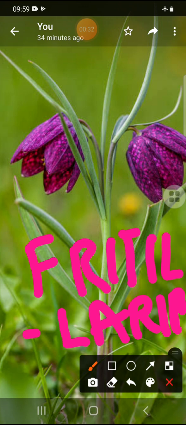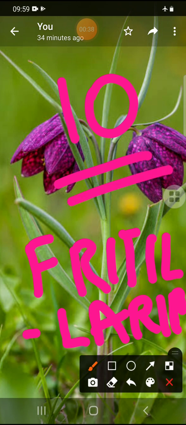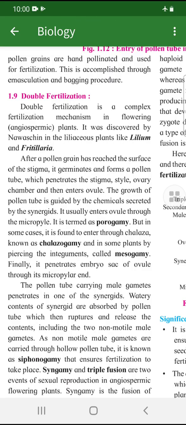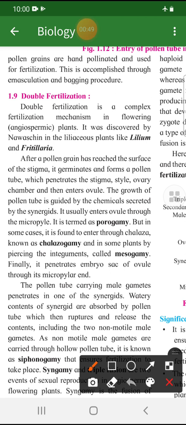Lilium and fritillaria, what are they? Okay, we are all on page number 10. Everybody must be on page number 10. You've seen two flowers right now. The two flowers which we have seen, that was lilium and fritillaria.